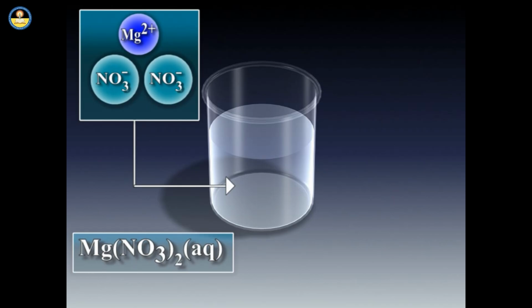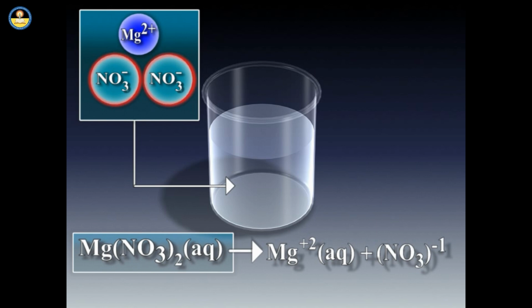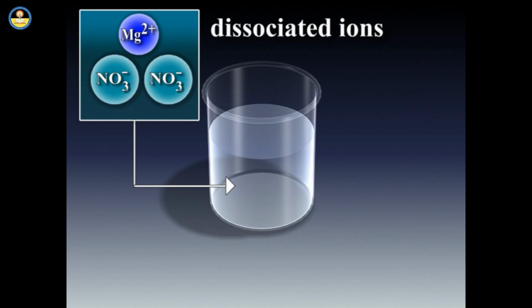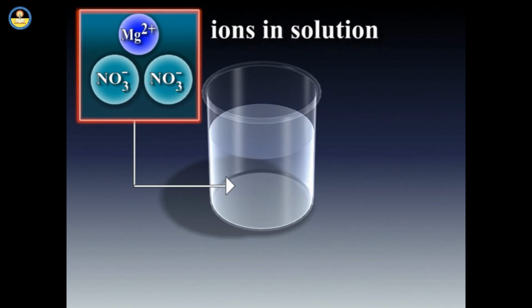Mg(NO3)2 in aqueous state really means Mg2+ ions in aqueous state plus NO3- ions in aqueous state. That is dissociated ions or ions in solution.